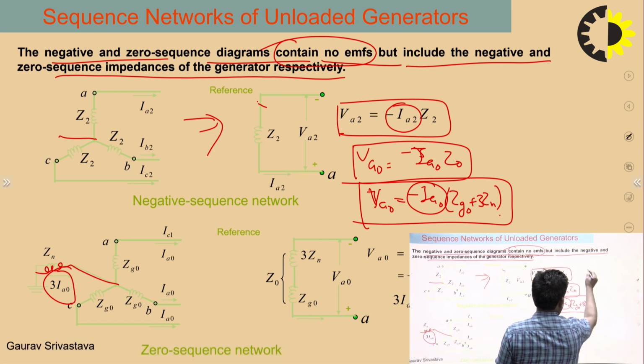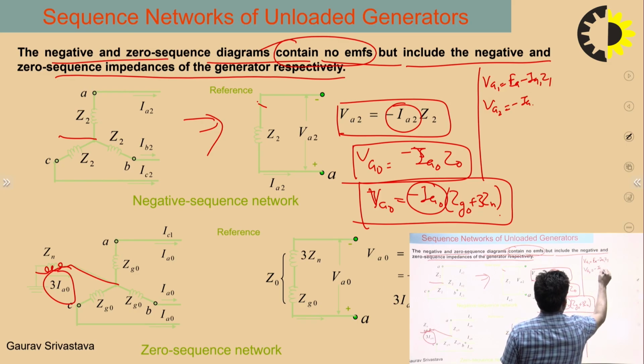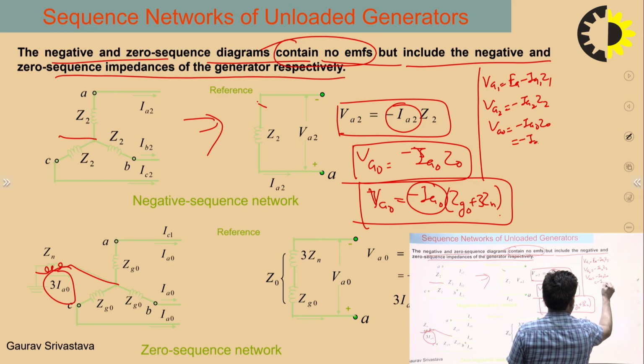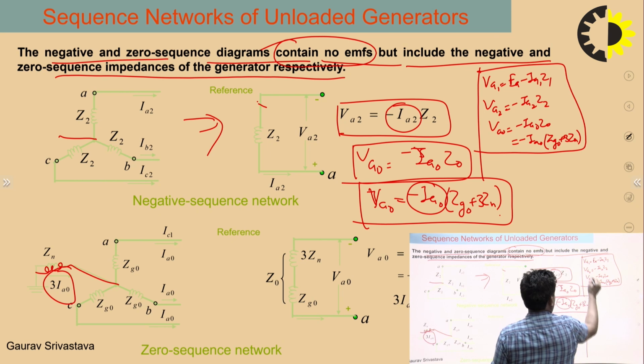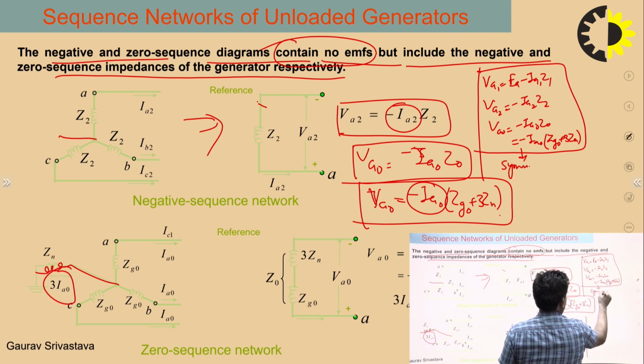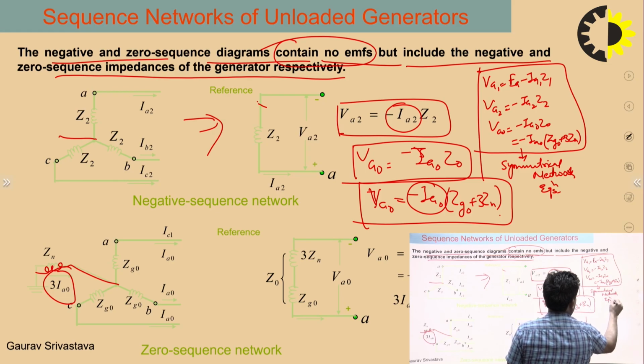So these equations, VA1 is equal to EA minus IA1 Z1, VA2 is equal to minus IA2 Z2, and VA naught is equal to minus IA naught Z naught, or minus IA naught times ZG naught plus 3ZN, are known as the symmetrical component network equations.